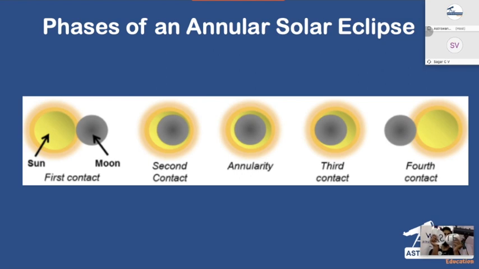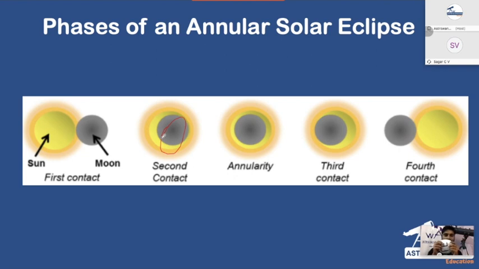Understood, Aditya? Yes, sir. Now, slowly the moon gets over the sun, and after some point these two sides of the moon and sun overlap. Because the moon is smaller this time, it is not completely covering the sun, but it's touching the other side. That's the second contact, right?